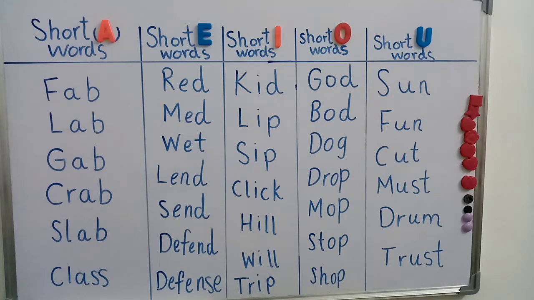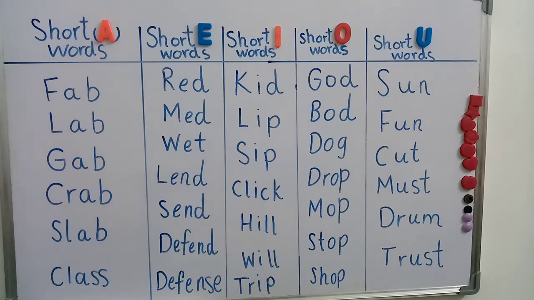We have the vowel O. The vowel O mainly says a, and it could be o, also, as in orange. And we have the vowel U. The U says a. So vowels can make different sounds. The sounds they make depend on where they are in a word.